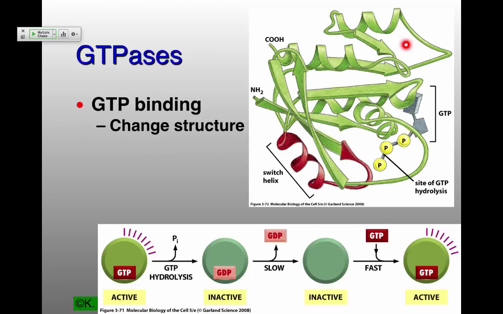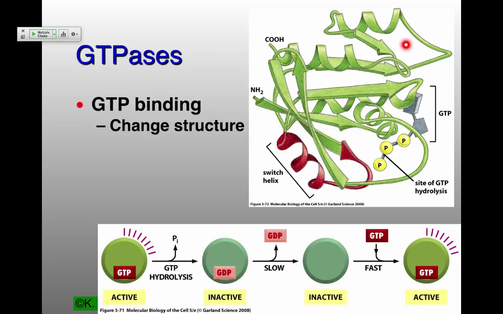The fact that you don't need an extra protein here to get the change between active and non-active means that GTPases serve a lot more as timers. So once you start this activity up here, GTP hydrolysis is going to happen, and you'll be on for a while and then turn off a little bit later. On the other hand, with this kinase process, you have to have another protein.